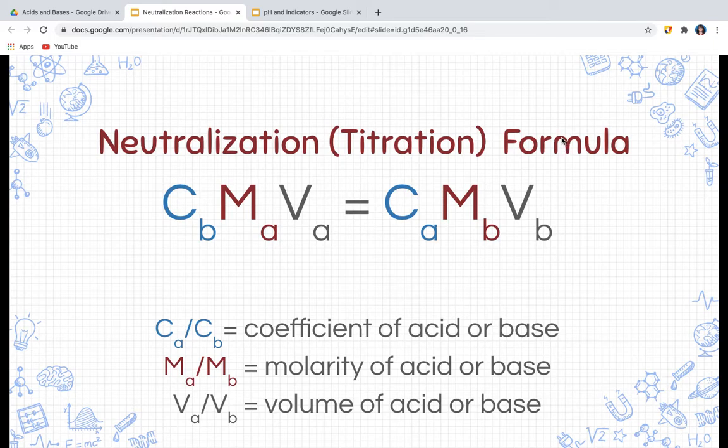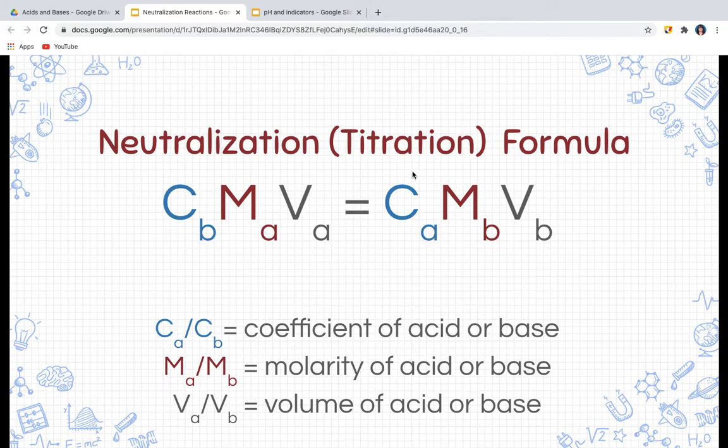We are going to be calculating, or quantifying, where that happens using this titration formula. Once again, I'm not going to have you memorize it, you will always have this, but an important thing to note is that the coefficient for the base is going to be multiplied by the molarity of the acid and the volume of the acid used.